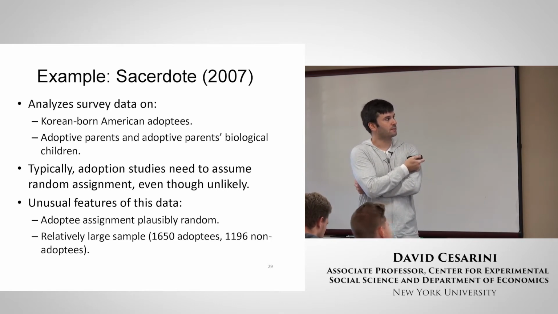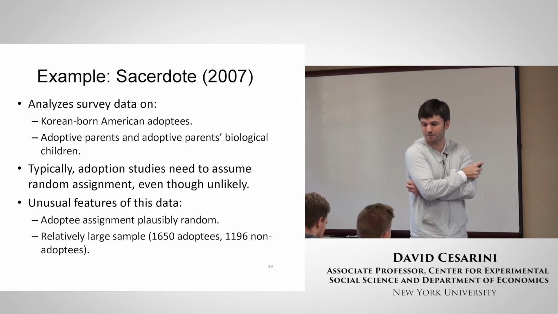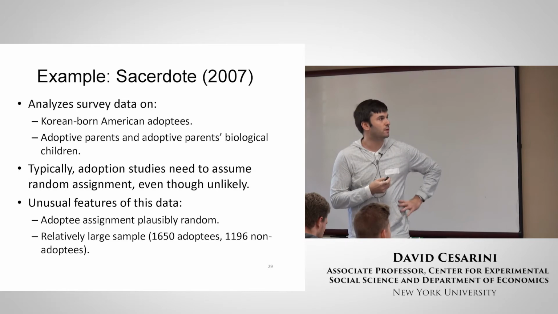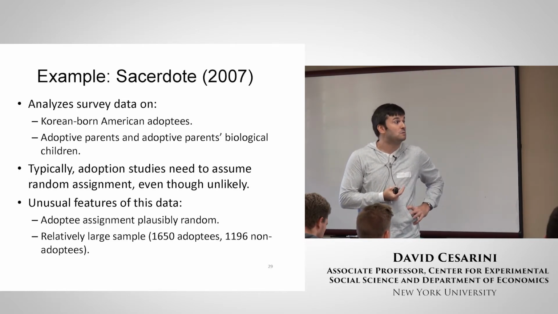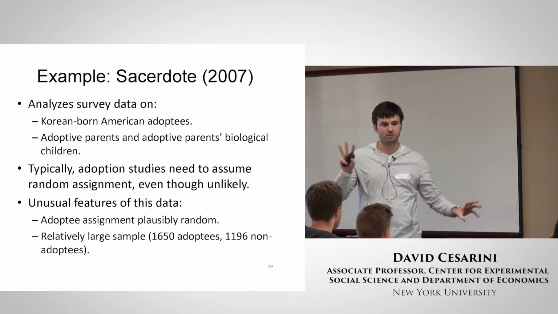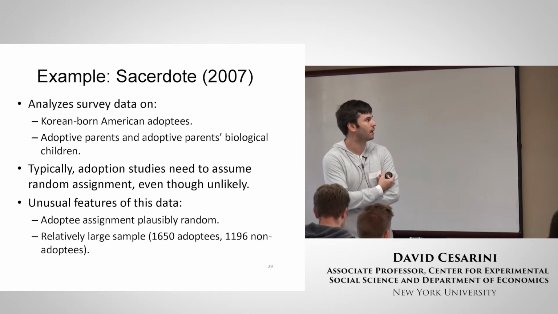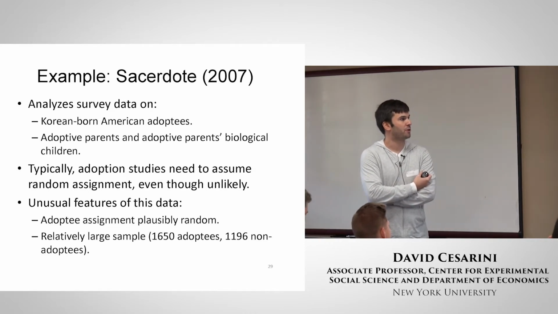One area where he does really well in terms of approximating the perfect experiment is that he seems to have found a setting where there are no obvious attempts, at least according to the adoption agency, of systematically matching children to parents with certain characteristics deemed to be appropriate.